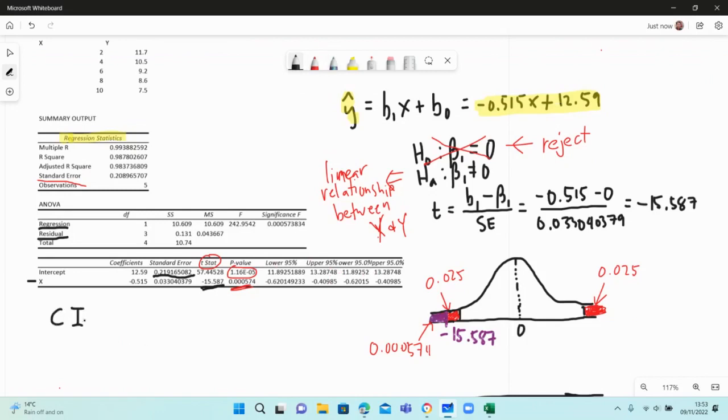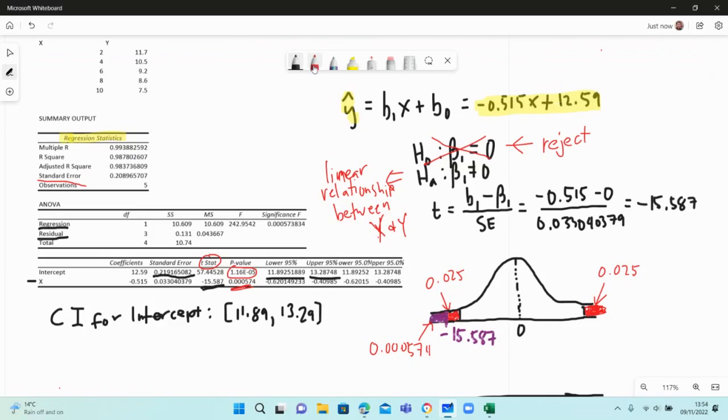So the CI for the intercept in this case is given by the interval with left endpoint 11.89 to 2 decimal places, and the right endpoint as 13.29, again rounded off to 2 decimal places.